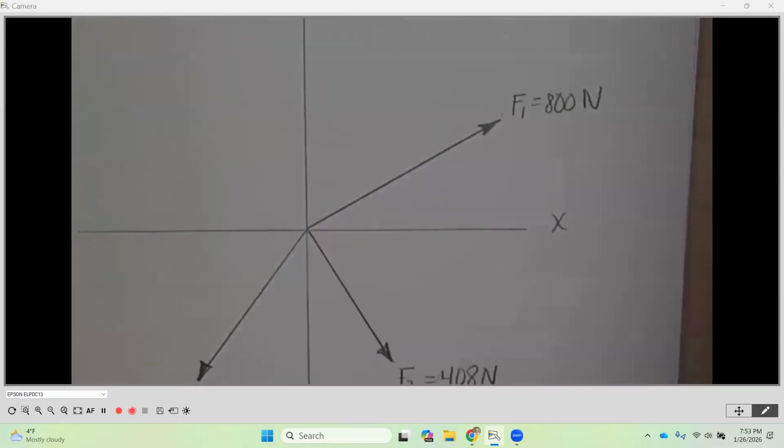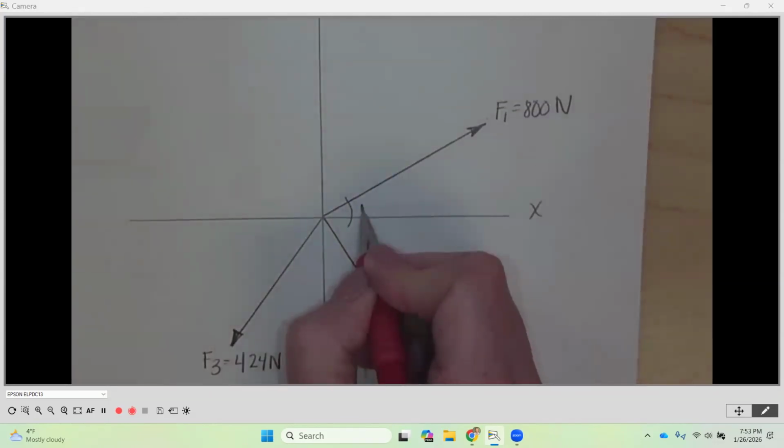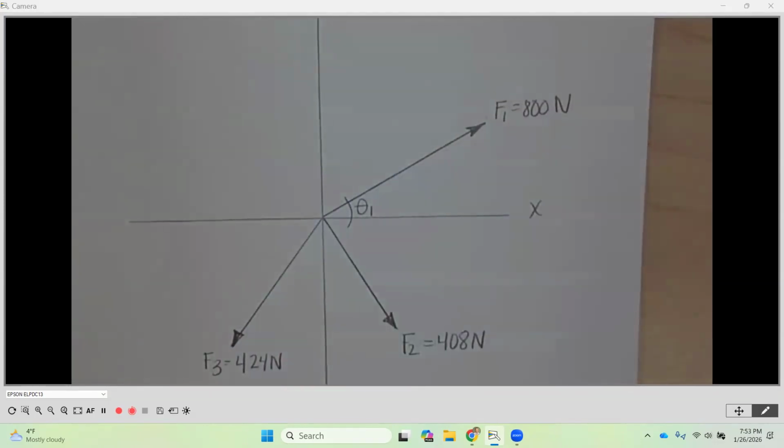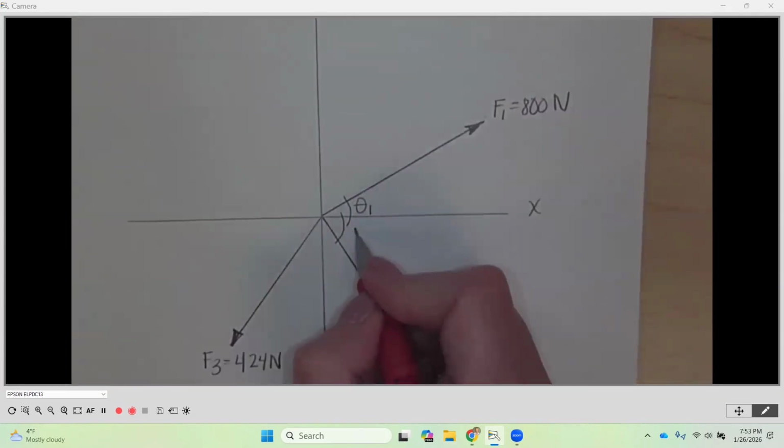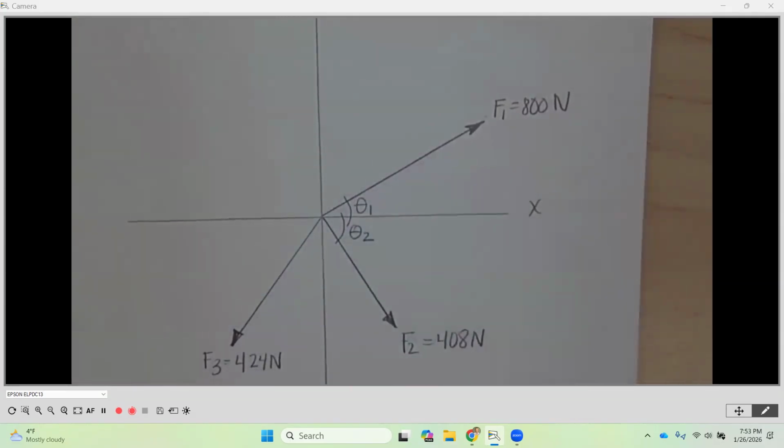So what we are going to do is, for our first angle here, we're going to call this theta 1. For our second angle to force 2, we're going to call that theta 2.